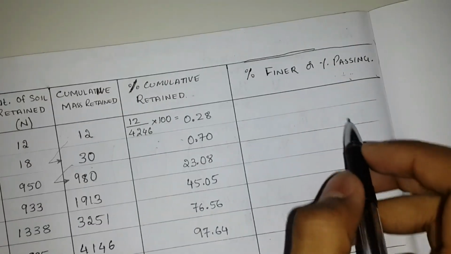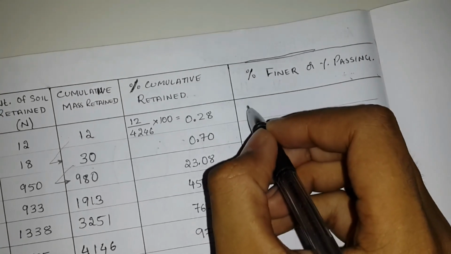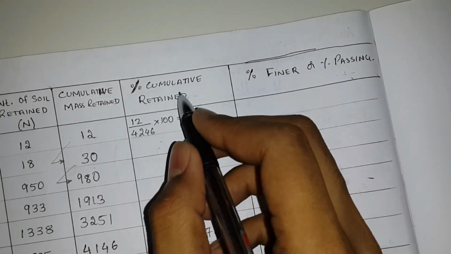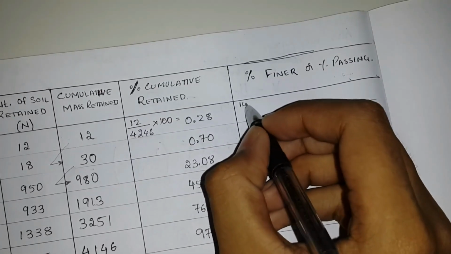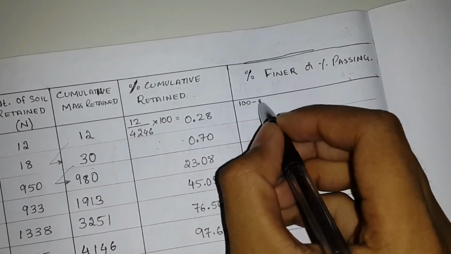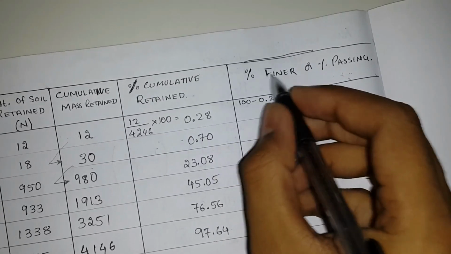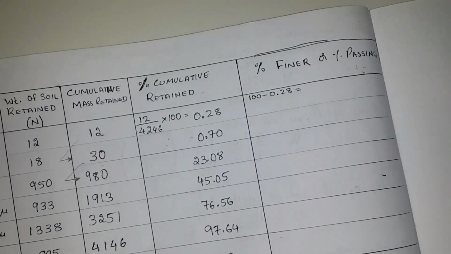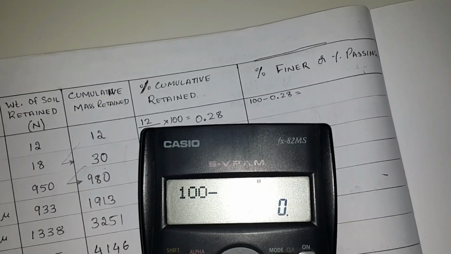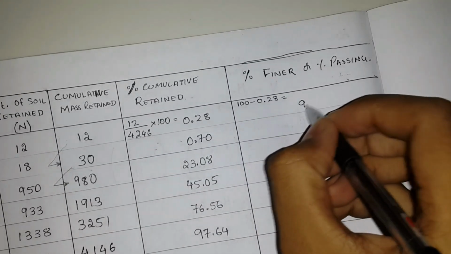Next we have to find the percentage finer. The percentage finer can be obtained by subtracting the cumulative percentage retained from 100. That is 100 minus 0.28 gives 99.72.